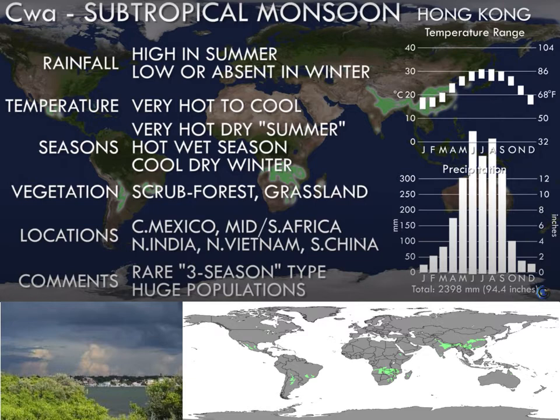Here you can see three distinct seasons: summer, winter and rainy are all available here. You can see North India also experiences the same thing, and Mexico. So this area is a typical three-season type, because it is in monsoon areas, but not necessarily tropical, it's only a temperate type of monsoon.